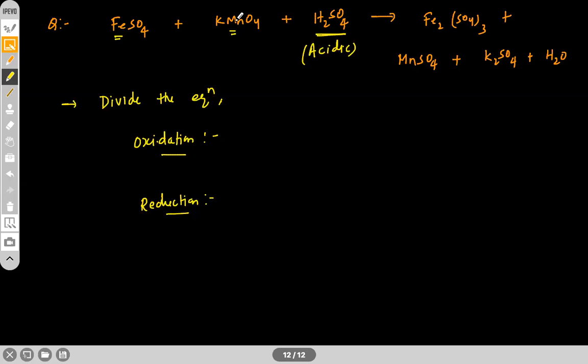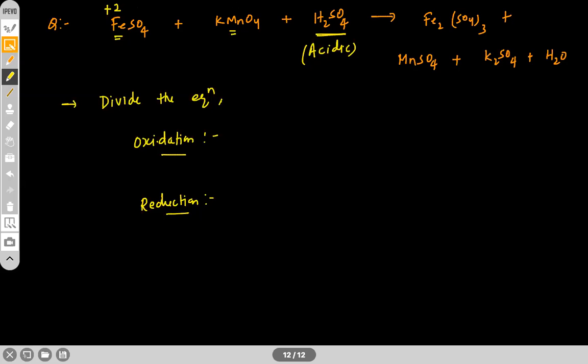Yes, oxidation state of iron is, okay. So manganese is +7. Okay. So how to find out for iron? You see, we know this is iron sulfate. Sulfate is -2 charge. So iron is in +2 oxidation state. Okay.